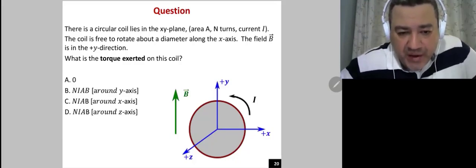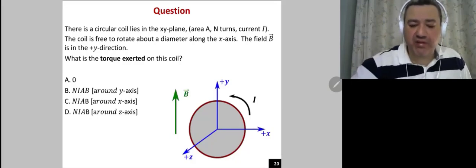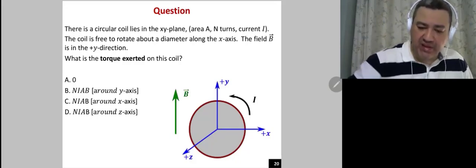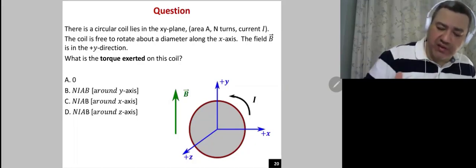I'm answering, by the way, some of the questions by your colleagues on the chat. As I said, if you look, the current is flowing here counterclockwise in this loop.